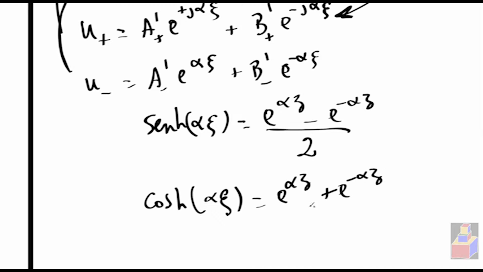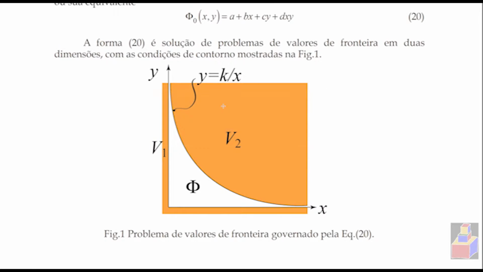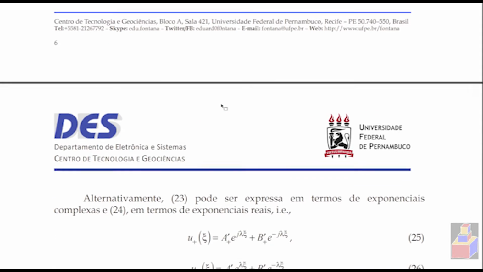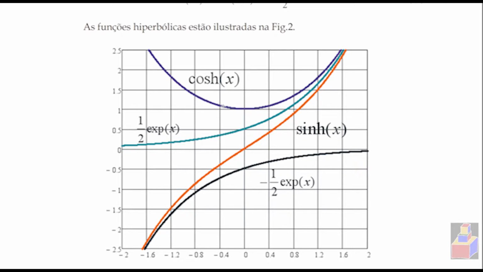I'm going to point out those important properties here. We have a similar definition for the relationship between complex exponentials and sine and cosine functions. You can see that. Notice that those exponential functions, those hyperbolic functions, it's important to see the properties.